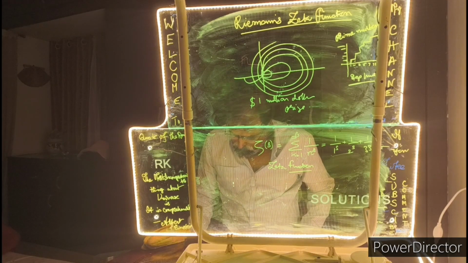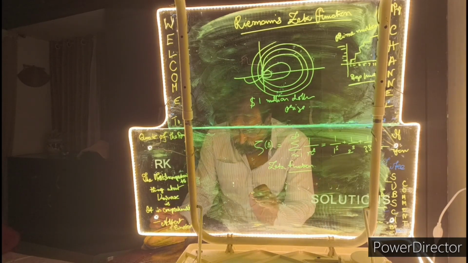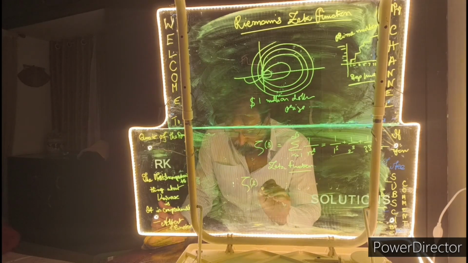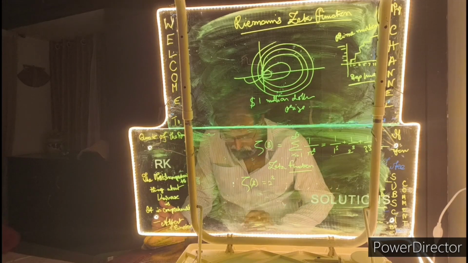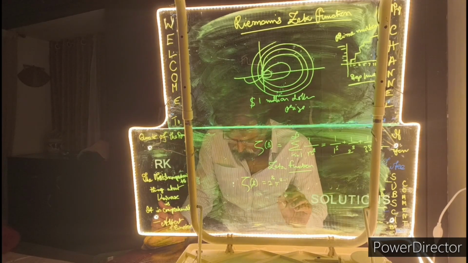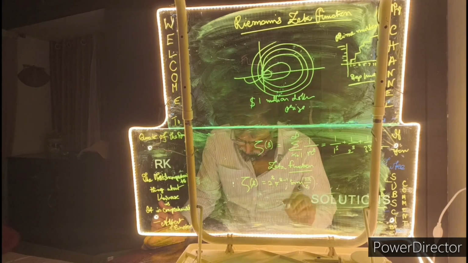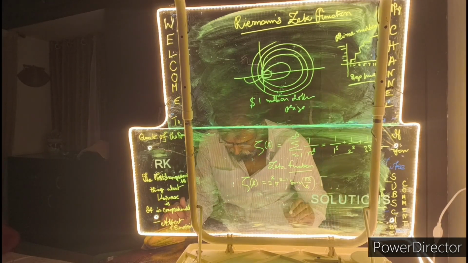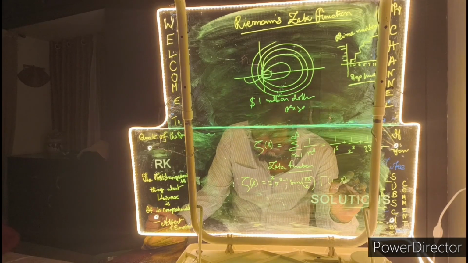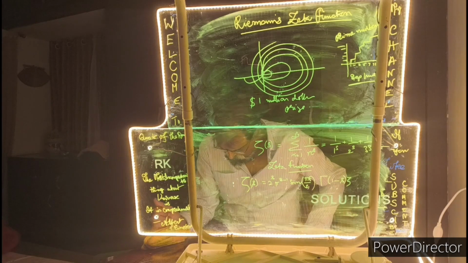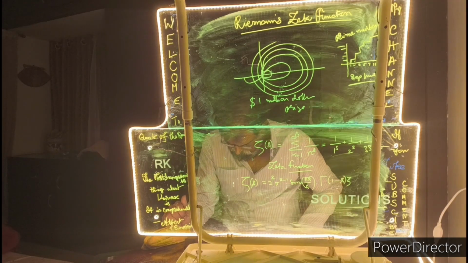But I'm not very sure how this can be written in a different form as zeta of s is equal to 2 raised to s, pi raised to s minus 1, sine of pi s by 2, gamma of 1 minus s, zeta of 1 minus s. It satisfies this equation.